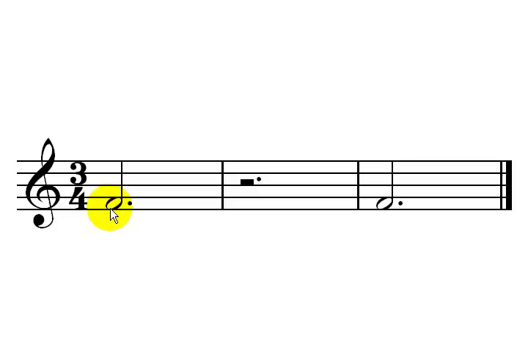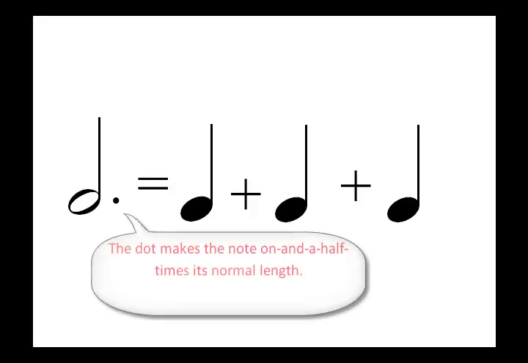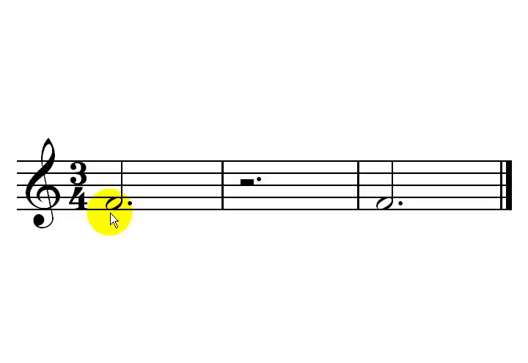So what this means is we have 3 quarter notes. We have 2 quarter notes originally, and by adding the dot, we have 1 more because 1 is the half of 2 quarter notes. Therefore, we have 3 beats, and it occupies the whole measure in 3/4.